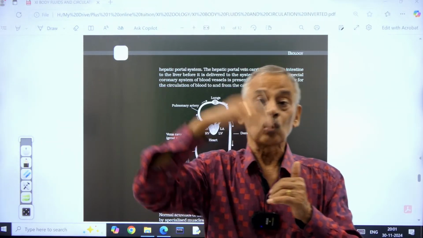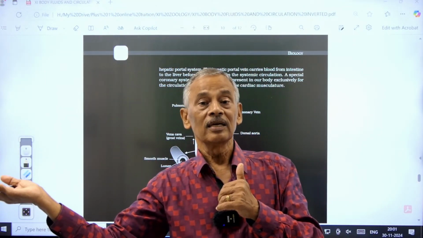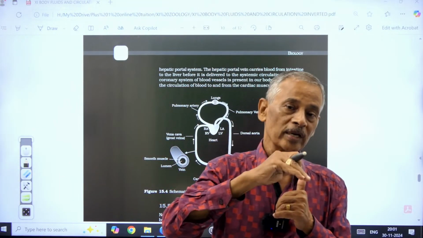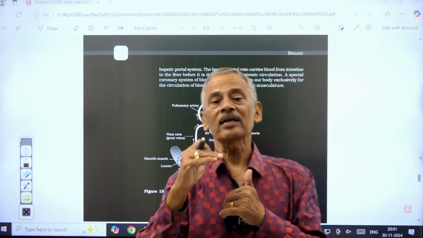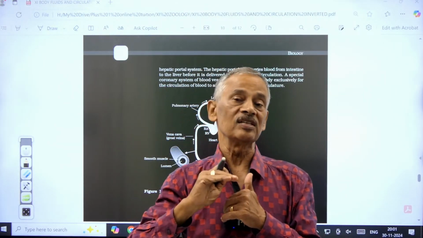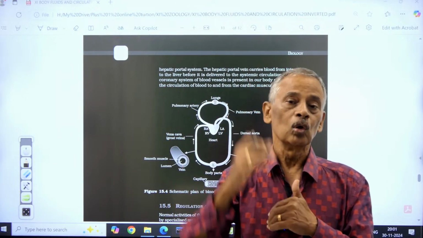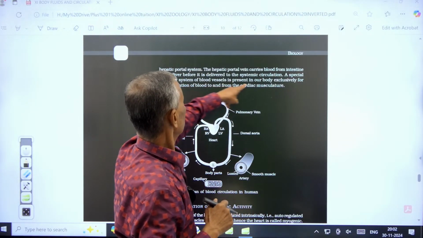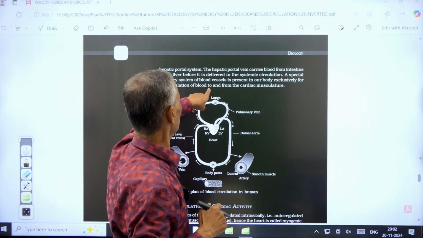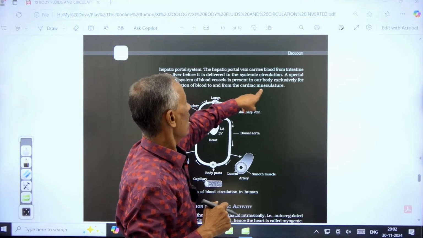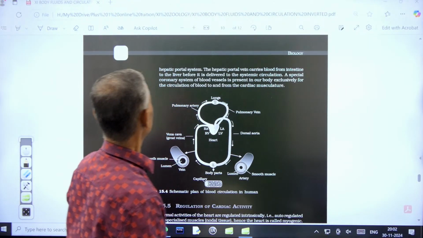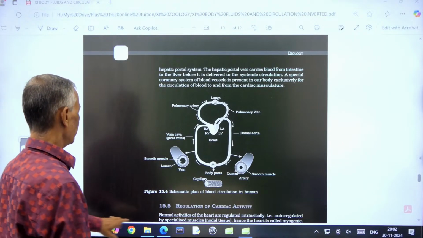So, coronary arteries take blood to the muscles of the heart, and coronary veins bring back blood from these heart muscles to the right atrium. It is exclusively for the circulation of blood to and from the cardiac musculature. Okay? Any doubt up to this?